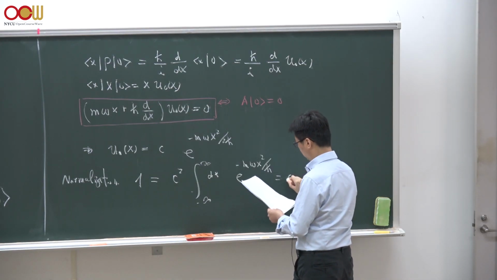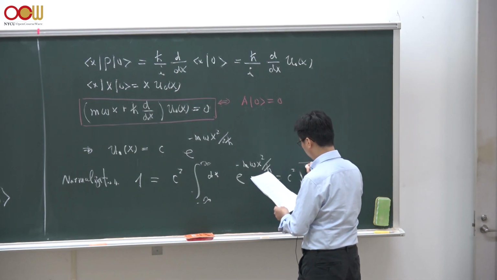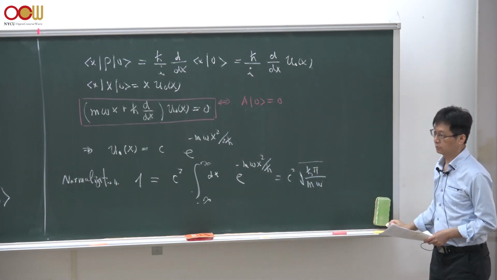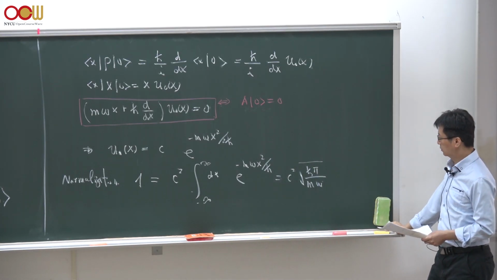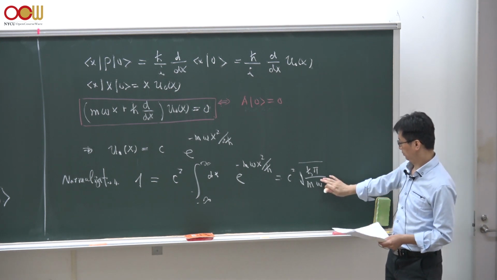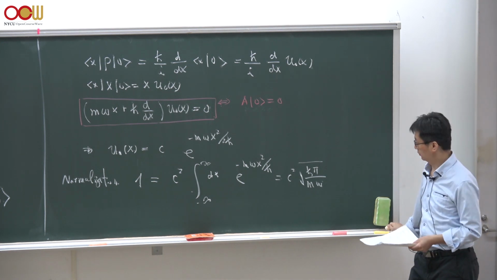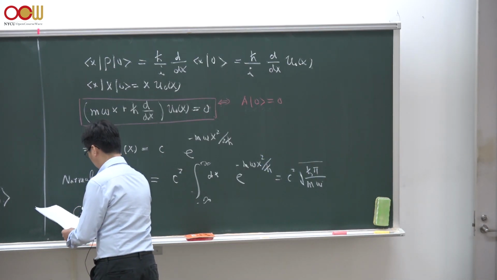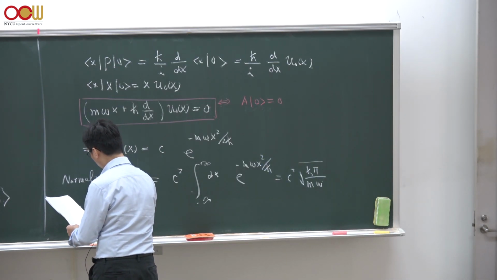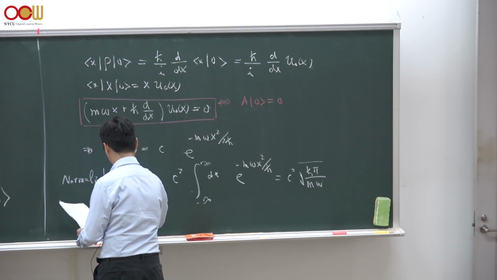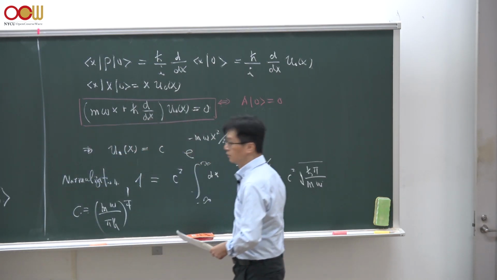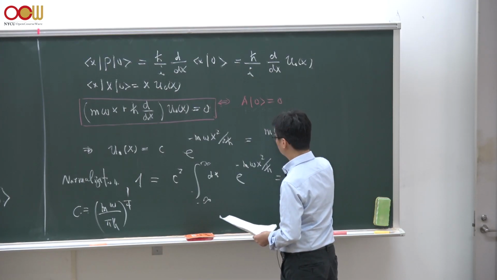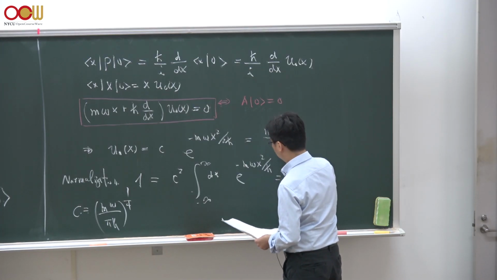You could just check the table of integrals, and this integral is the so-called Gaussian integral, and gives rise to this factor, square root of this stuff. And so you immediately find this normalization prefactor C, which is this stuff. Okay, and then we simply write everything here, and we are done.